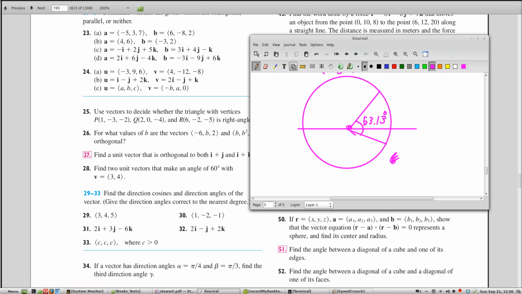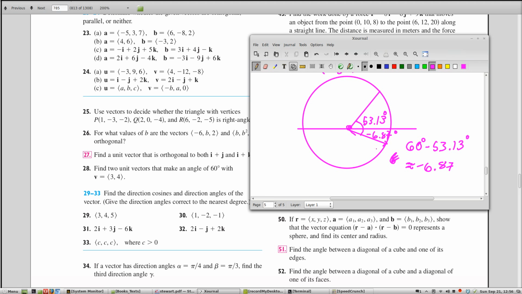What do I want? I want 60 degrees minus 53.13 degrees, which is going to be something like minus 6.87 degrees. So this is negative 6.87 degrees.